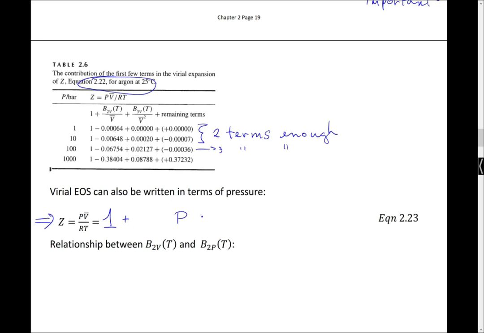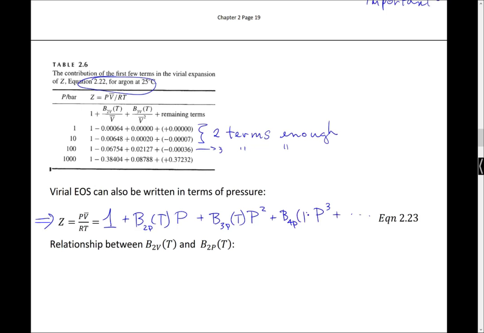My next term will be plus P squared. My next term will be plus P cubed, etc. Okay? And then what connects this to compressibility is a virial coefficient. But because we're doing this in terms of pressure, now we have B2P. Still a function of temperature. The next one will be B3P, function of temperature.